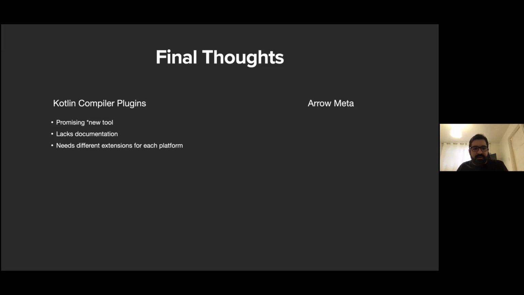That is actually the second point that I added here. It lacks documentation. The third point with Kotlin compiler plugins is that you need different extensions, different code, for each platform. Although this is something that is changing. I've seen some recent news in the release notes for Kotlin 1.4 that they are working on some sort of single code that you need to write just once, and it will work for all of the Kotlin platforms.